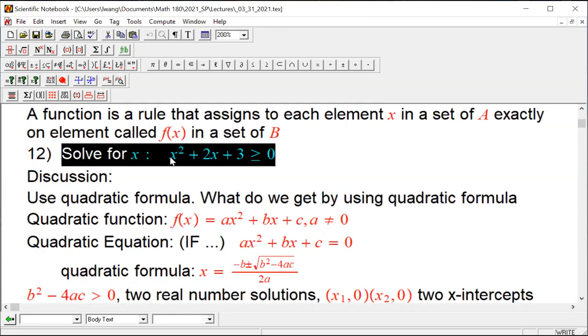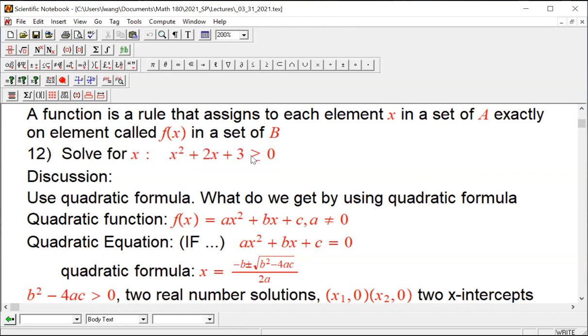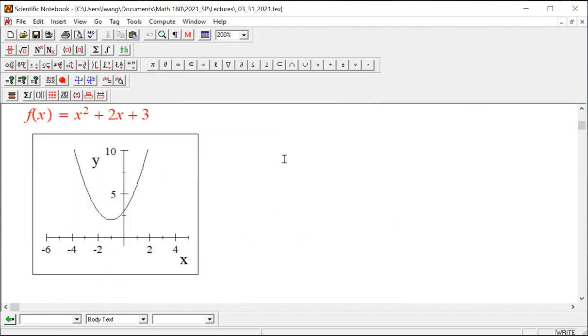We just want to find all the inputs such that the function is greater than or equal to 0. Now, because there's no touch, equal to 0 is impossible. So we are only left with greater than 0. If we want this to be greater than or equal to 0, what will be the solution?